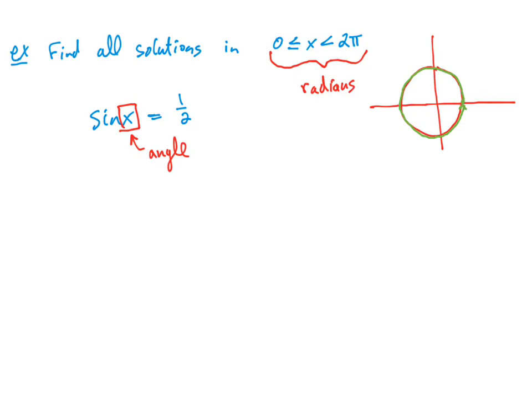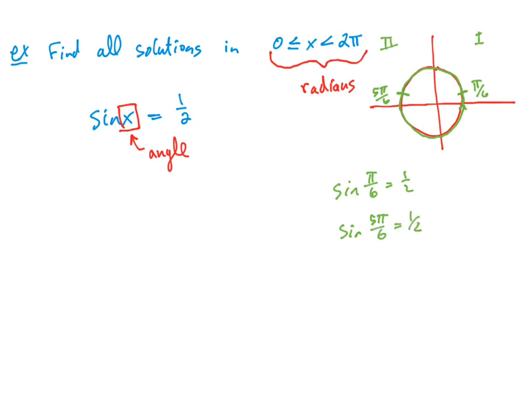Sine is positive in quadrant 1 and quadrant 2, and sine is 1/2 at these positions. That angle here is pi over 6. This angle here is 5 pi over 6. So the solutions are x equals pi over 6 and 5 pi over 6, because sine of pi over 6 is equal to 1/2, and sine of 5 pi over 6 is also equal to 1/2.